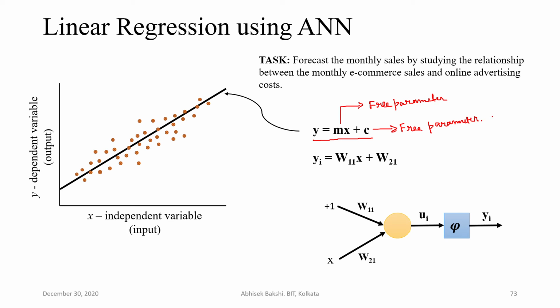Now see, initially, since we don't have an idea about the straight line, I will take an arbitrary M and C. And if we take an arbitrary M and C, obviously it will lead to some straight line. For example, the straight line can be something like this.